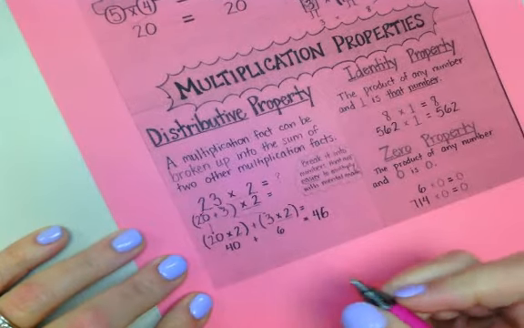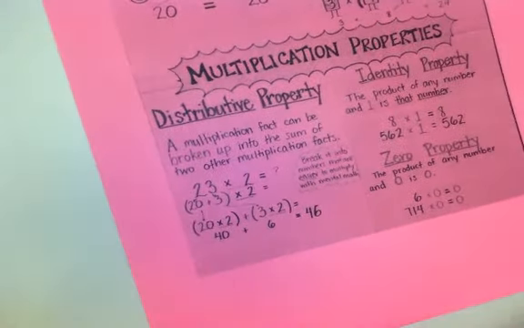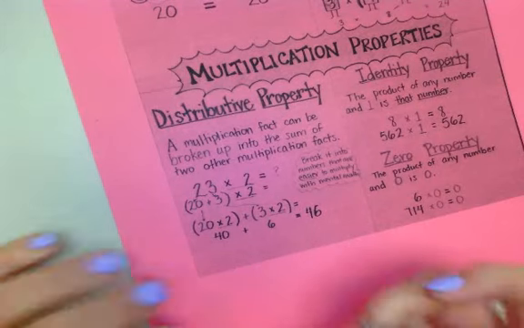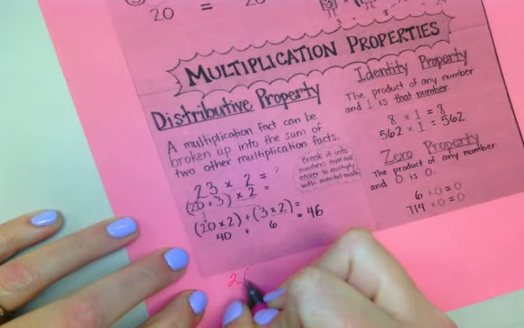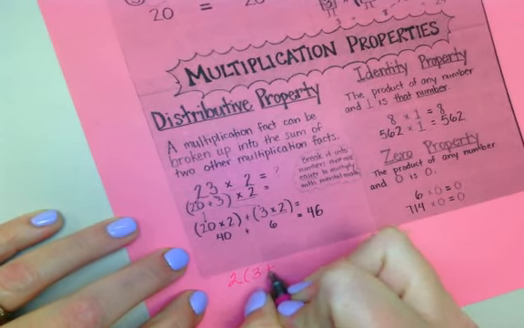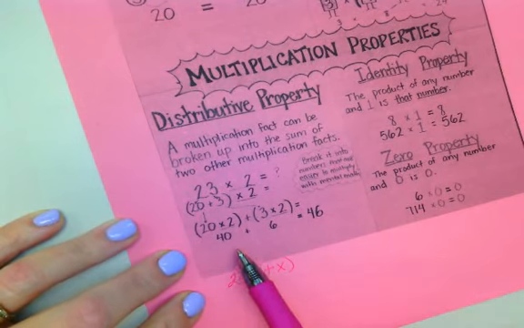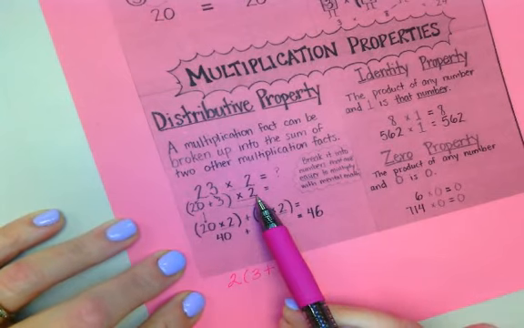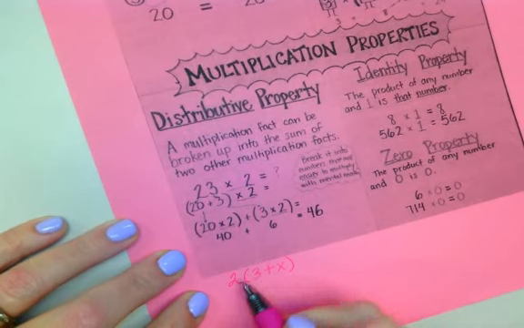But in our case, most of the time you're going to be using variables. You're going to be using expressions to build bigger expressions. So you might have something like 2 times (3 plus x), okay? And what this is saying, if you look, they took this 2 and multiplied it by the 20, and they took the 2 and multiplied it by the 3. Well, we're going to do the same thing here.